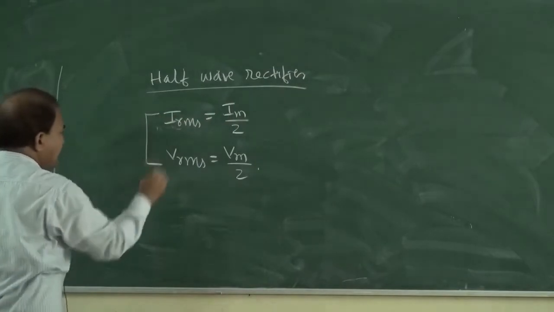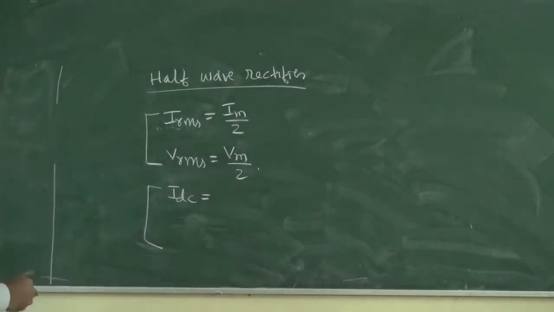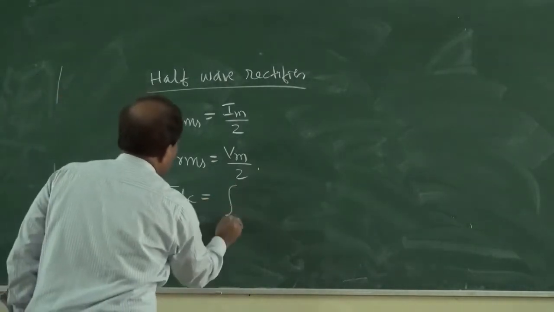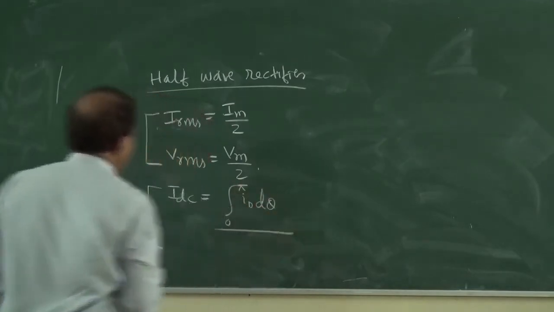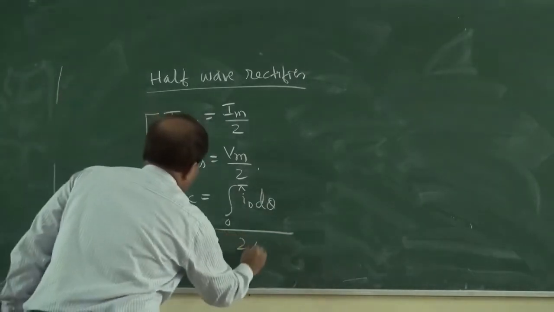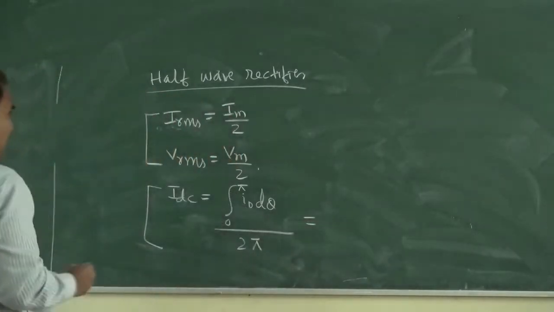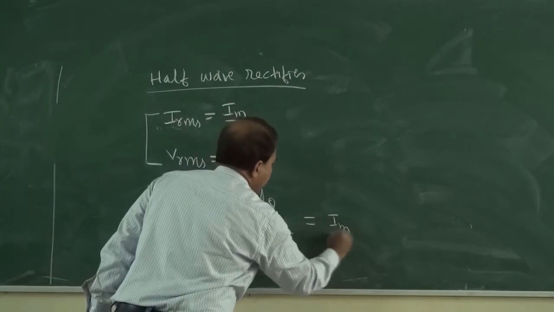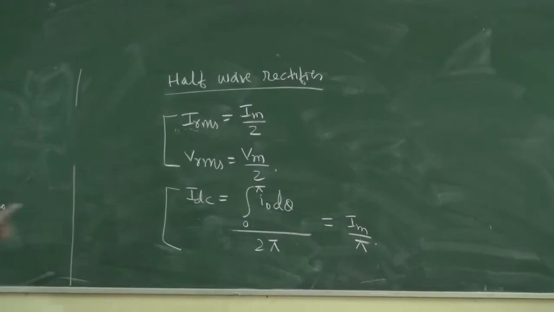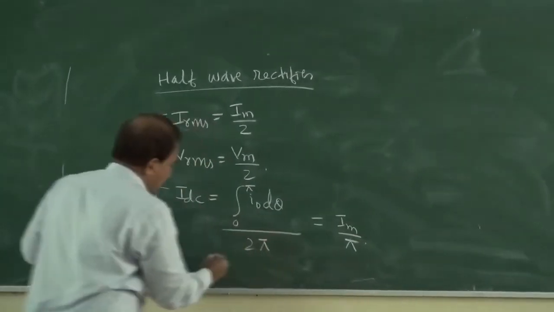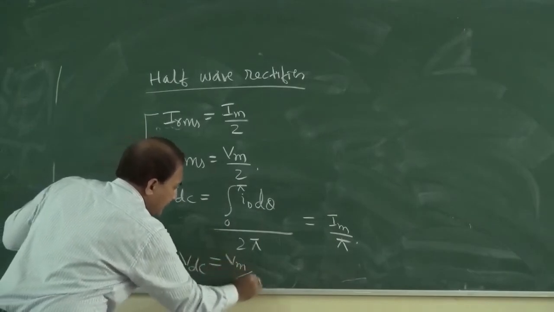Okay. Similarly, how we can determine IDC? IDC we can determine as equal to the integral from 0 to pi of id d theta divided by 2 pi. Okay. So it is equal to Im by pi. IDC is equal to Im by pi. Now you can see, VDC is equal to Vm by pi.